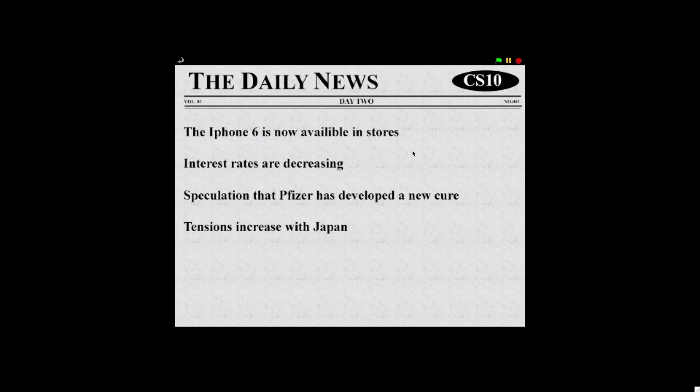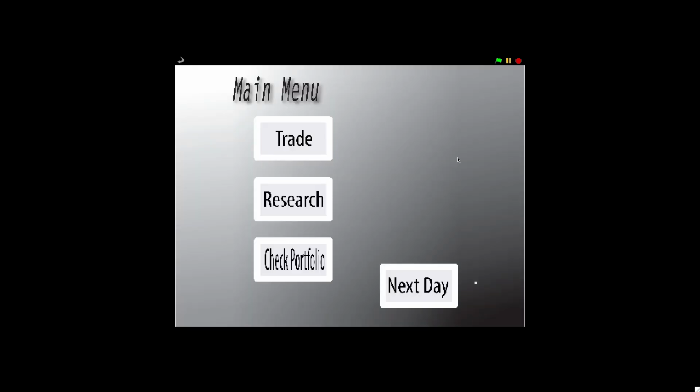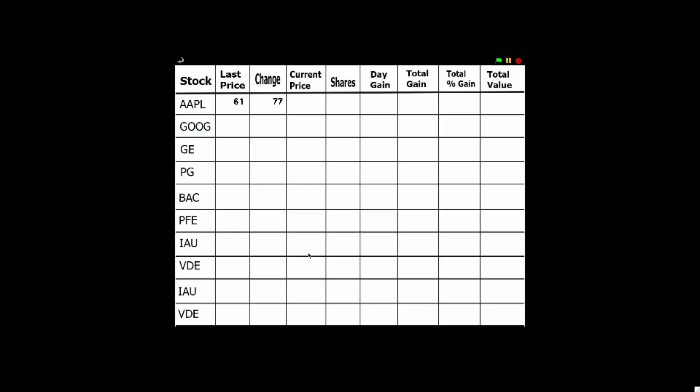We're just going to go to the next day, and it gives you the news for that day. On day 2, the iPhone 6 is now available in stores. Maybe we should invest in Apple more. You just click on the page to move back to main menu. We're going to check our portfolio.